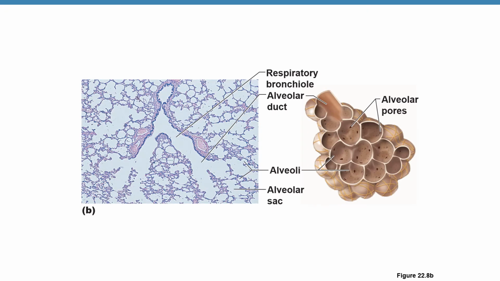So you see histological slide and also picture of the alveolar duct. So here's our alveolar duct. And then we have these alveoli, right? And this is all called alveolar sac. So that's an alveolar sac.